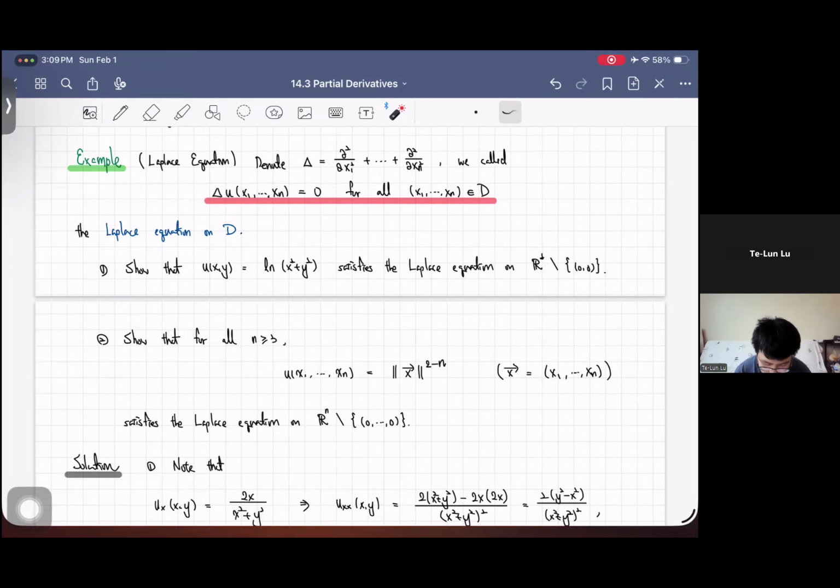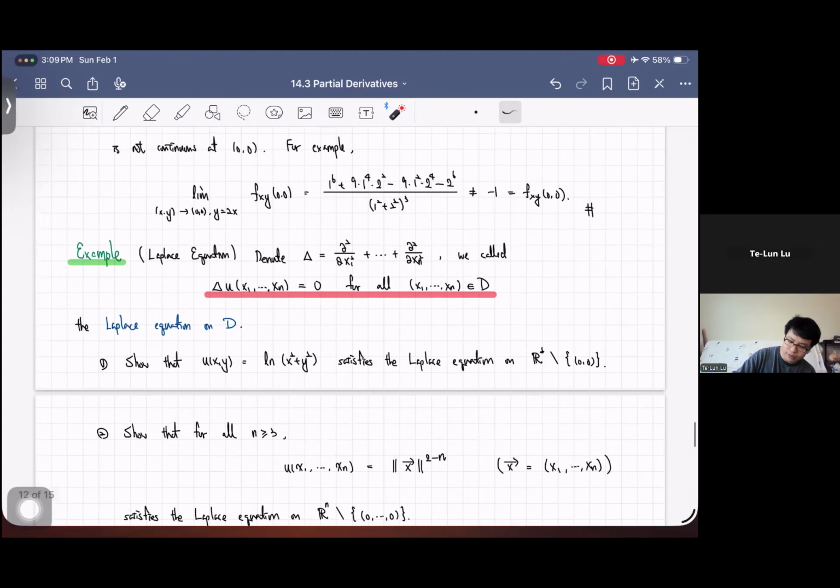So first of all, let me define what is called a Laplace operator, a triangle. It's defined to be the sum of the second partial derivatives in each coordinate. If you're not familiar with this high dimensional notation, you can just regard it as something regarding x, y, and z.